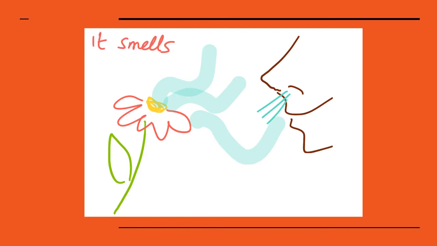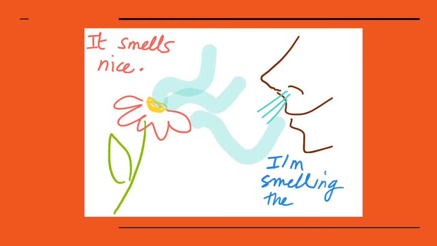Now, states and actions. Remember this little story. Here is a flower, and the flower smells nice. Here is a person smelling the flower, and the person is smelling the flower. Why do we use these two tense forms for the same situation that's happening right now?